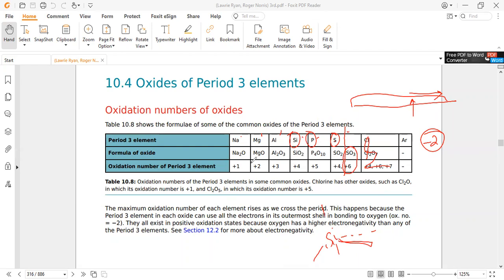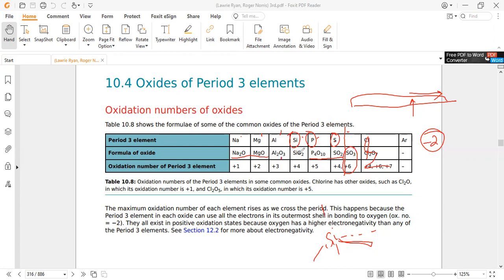Some compounds are extremely ionic in nature, like magnesium and sodium oxides, and some are extremely covalent in nature, and in between are compounds which are very inert towards water. When you put sodium oxide or magnesium oxide in water, they easily dissolve.